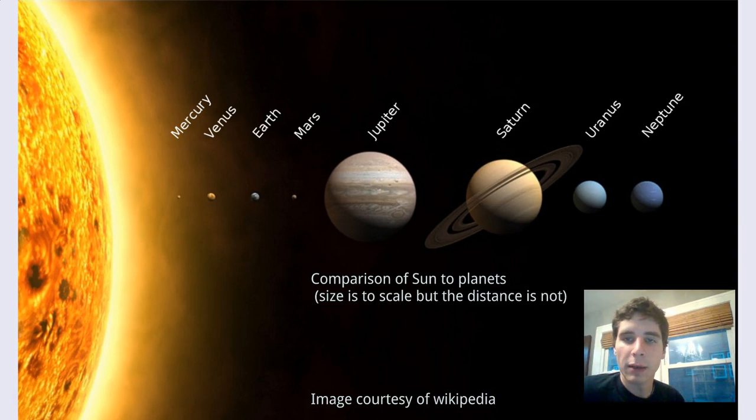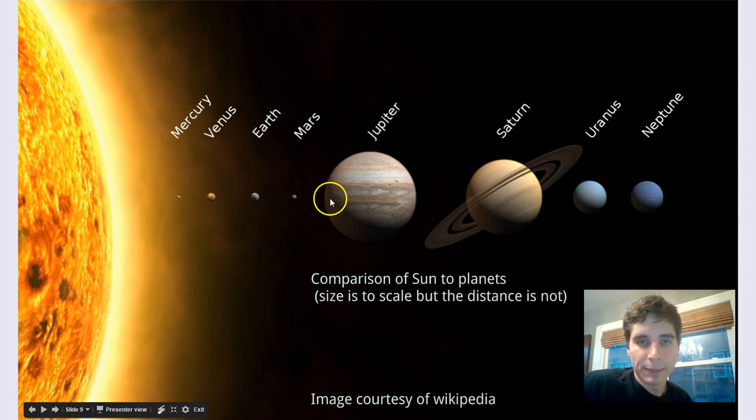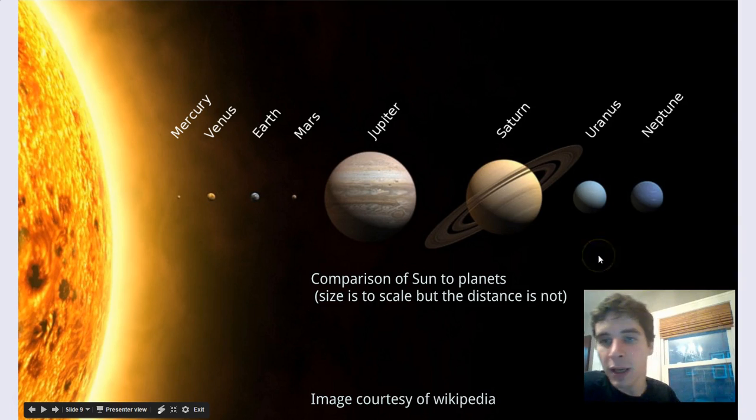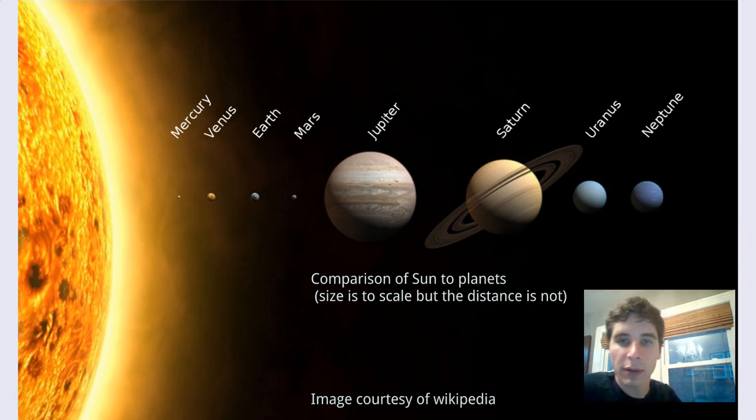There are some really big planets that have some rings around them. They've got some funky sort of patterns in them, like Jupiter and Saturn. And then we have Uranus and Neptune also that are kind of blue and smooth looking. So we're going to talk about these different types of planets in a moment.